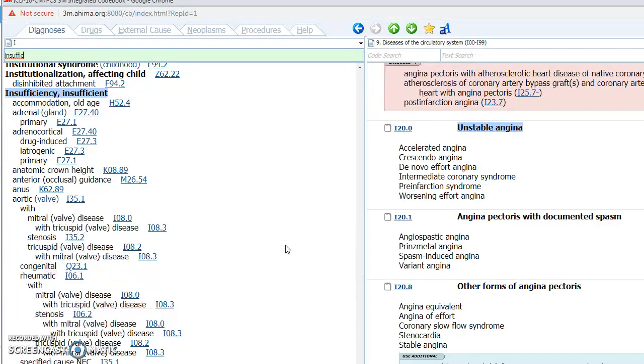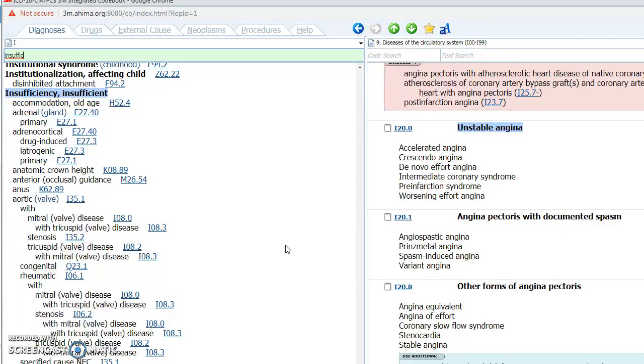Let's go down here to type 1 MIs, which can also be classified according to whether there's an ST segment elevation or a non-ST elevation. So this is our STEMI, non-STEMI. They share the same pathophysiology, and they're both considered type 1 MIs. On the next page, I like to point this out to students.